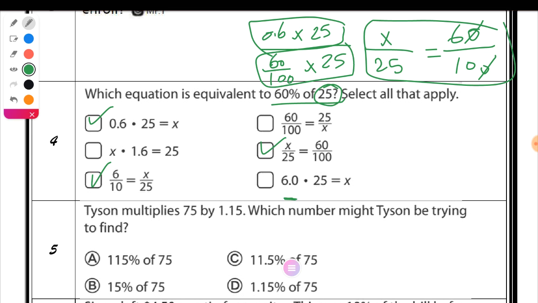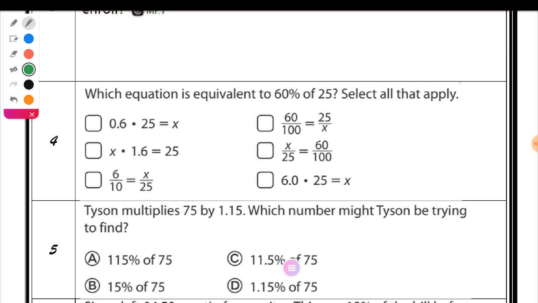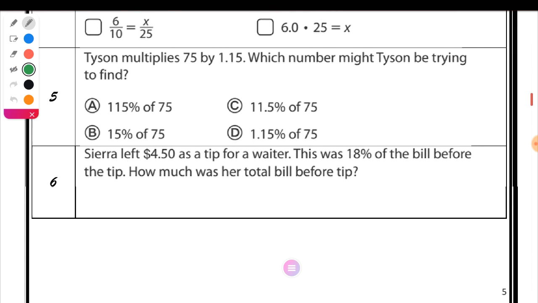Okay. Next one. Tyson multiplied 75 by 1.15. Okay. Which number might Tyson be trying to find? I will write it in another form.